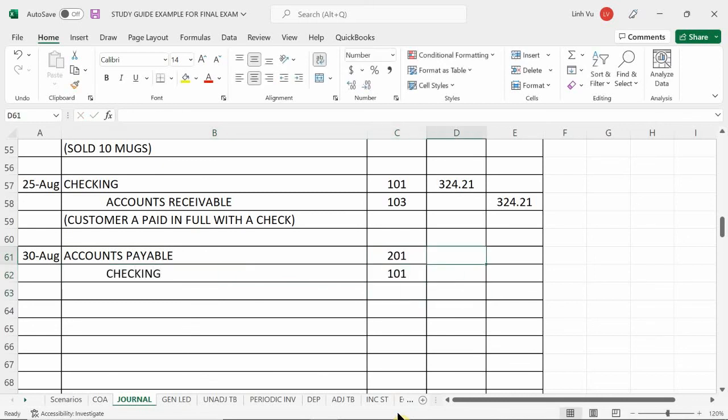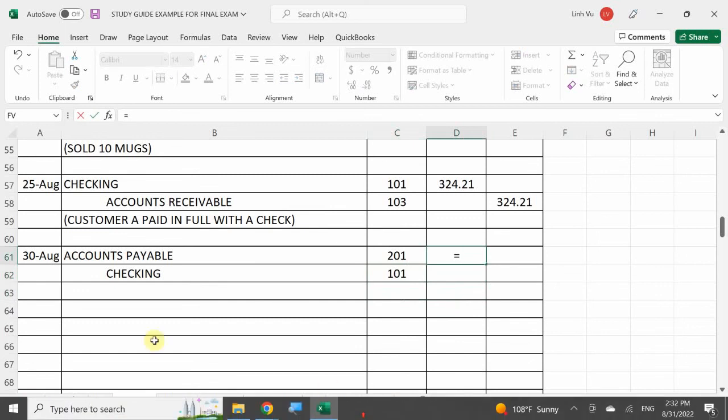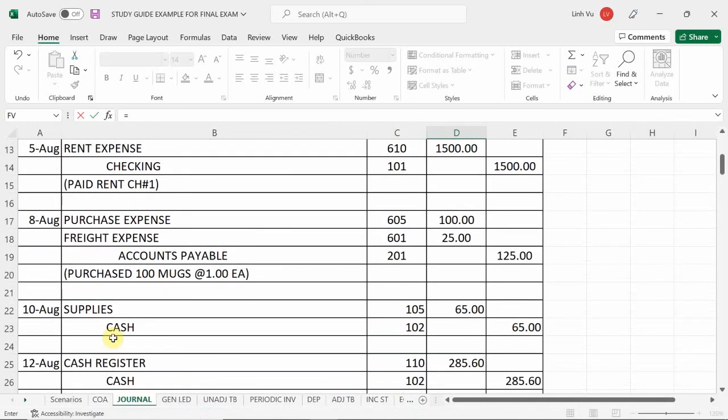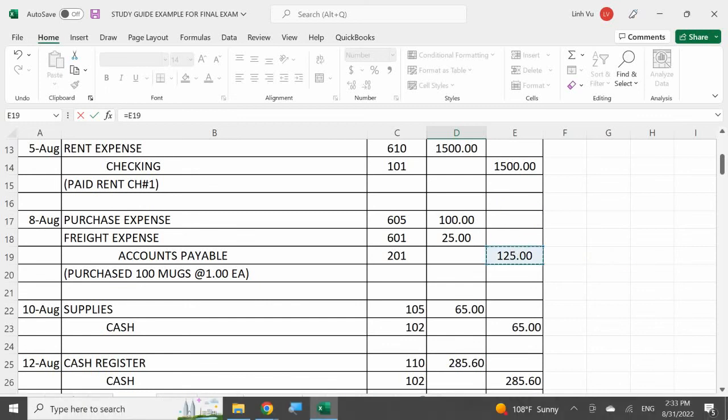And how much do we actually owe? Let's locate where we made the purchase in the first place. Here on August 8th, I purchased my coffee mugs, 100 of them for $1 each with a freight of 25. So how much do I actually owe for the purchase of coffee mugs? 125.